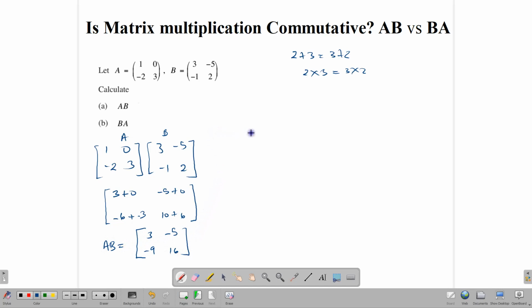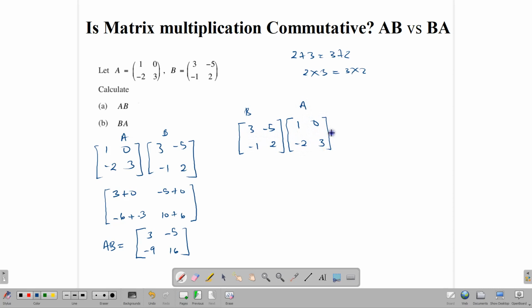Now let's look at BA. So BA, we write B first, which is 3, negative 5, negative 1, 2. And we multiply that by A, which is 1, 0, negative 2, and 3. All right. So here we go.